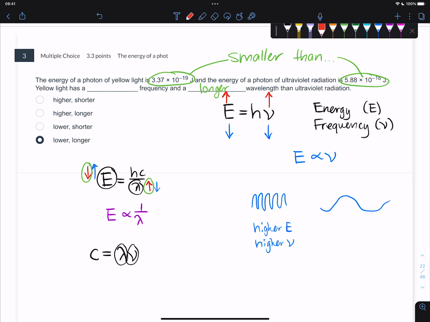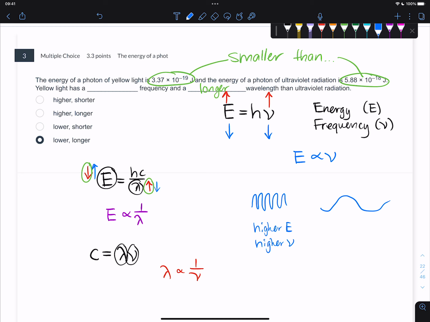And this is also going to be inversely proportional. So let's pick another color, blue and red. So for here, we have that wavelength is inversely proportional to frequency, which basically says that if something has a larger wavelength, it's going to have a smaller frequency, or vice versa.